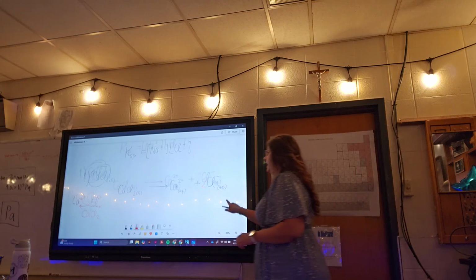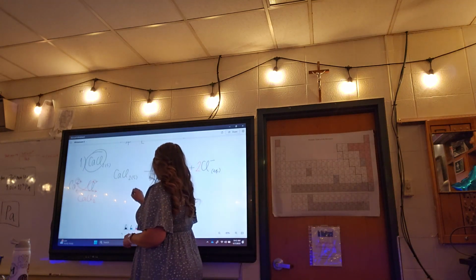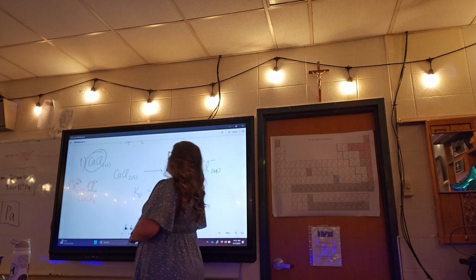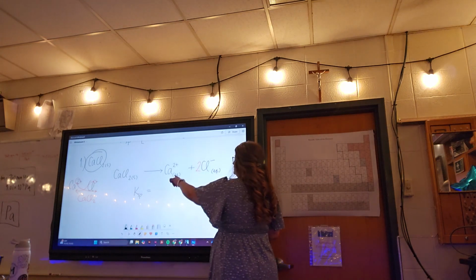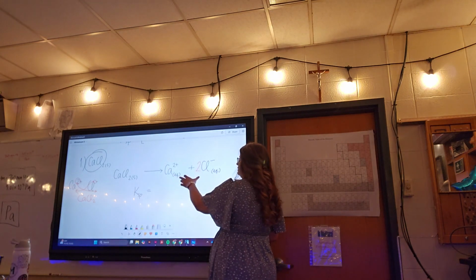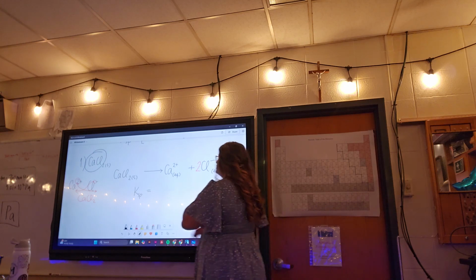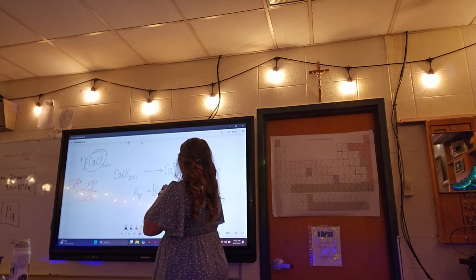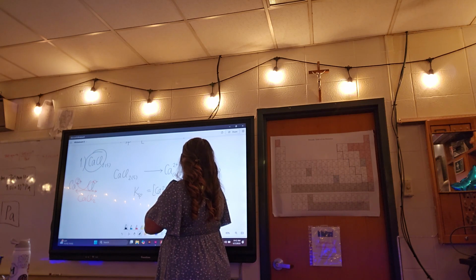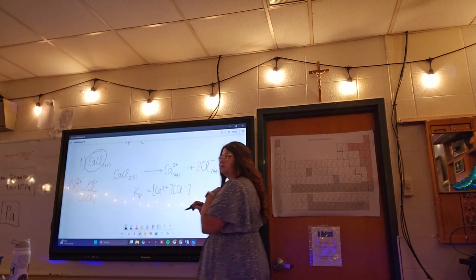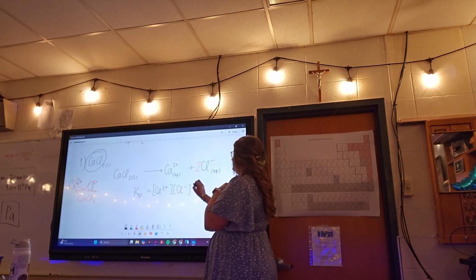Okay, so then your Ksp for this equation. Now I do need you to write aqueous in both of these product species, but I don't need you to write it when you're putting it in Ksp. So it's okay if you do this without putting the aqueous there.